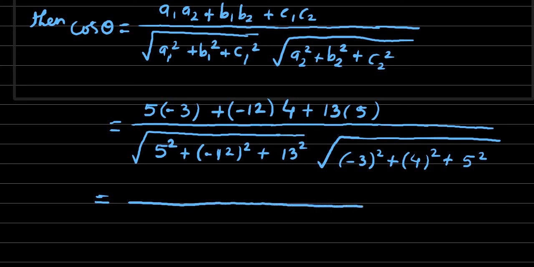See here, 5 into minus 3 is minus 15. Then minus 12 into 4 is minus 48. And 13 into 5 is 65.